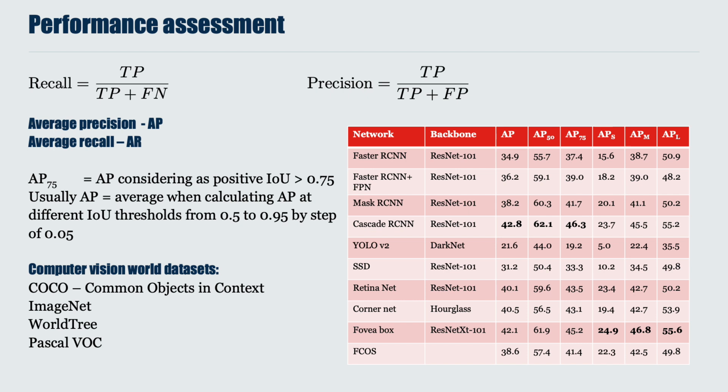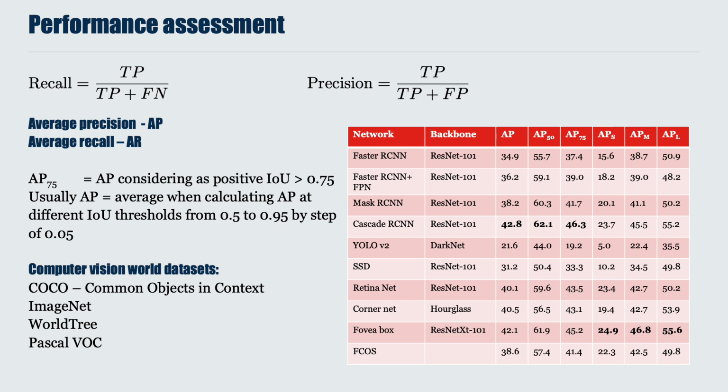So before we go a bit more into less computer vision examples and a bit more on how these things have been used for medical imaging and if other solutions have been implemented for 3D problems, I just wanted to mention the type of performance assessment that you may want to do, because if you want to compare different methods, different models, you may want to find a way to properly evaluate them.